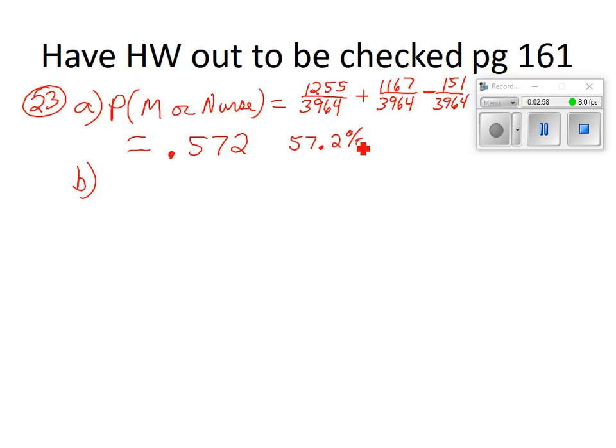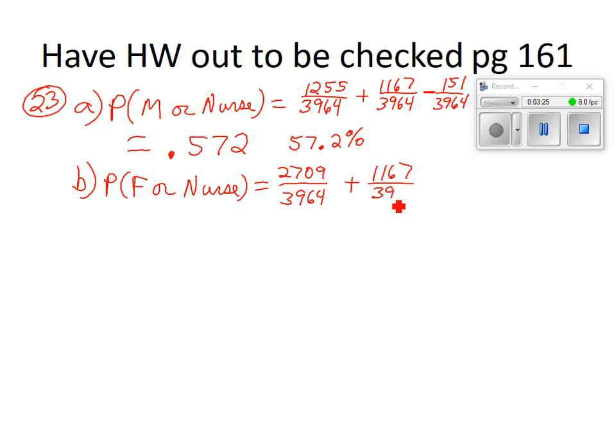Part B, the student is female or nursing major. Female or nurse. How many females do we have? 2,709. How many nursing majors? We just did that, didn't we? 1167 out of 3964.